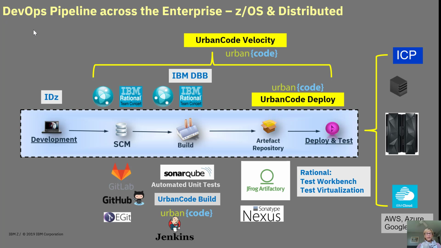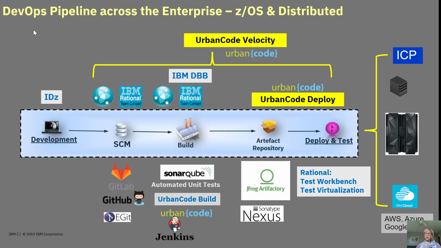So in this, you can see the various tools that can be used along the way for these stages. And more, these tools are tools that the distributed team would use as well. Examples being for the SCM, GitLab, GitHub, and also for the build engine, Rational Team Concert, and for testing SonarQube. Also for build, I didn't mention UrbanCode Build, which is in our portfolio, and Jenkins, which is a very common CI/CD tool.